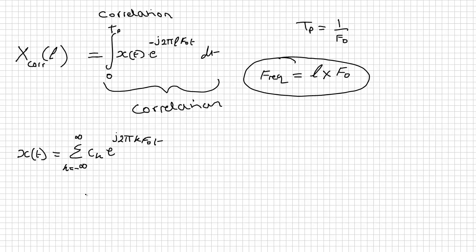So what we're going to do is combine these two equations now, and that will relate C k. So we want to relate C k to x correlate in a way where we can calculate the values for C k. Because the first time I came across these sets of equations, I did wonder, how do you calculate the values for the weights?